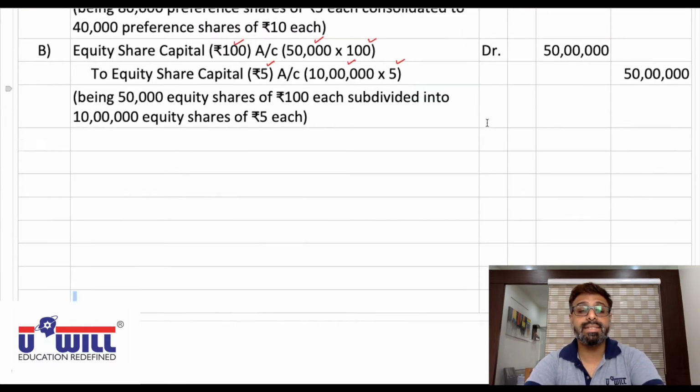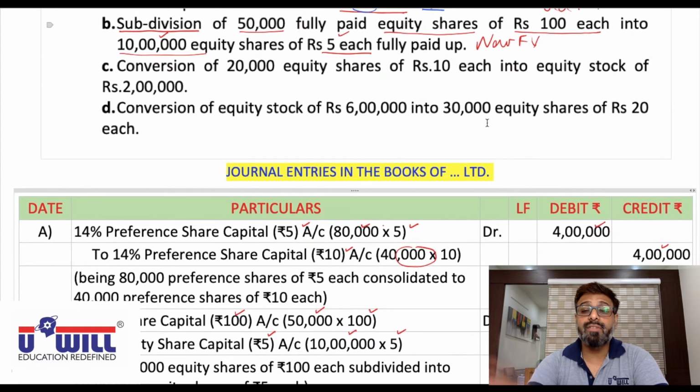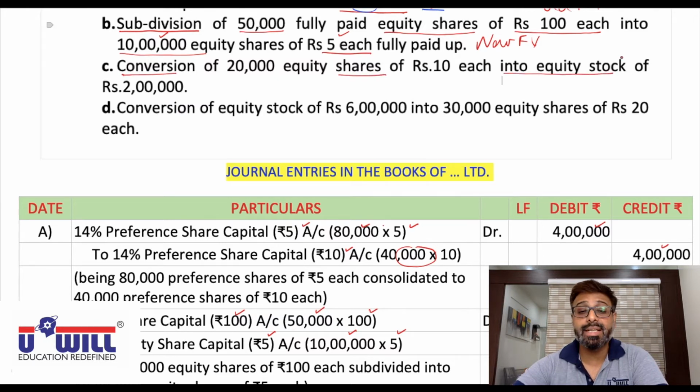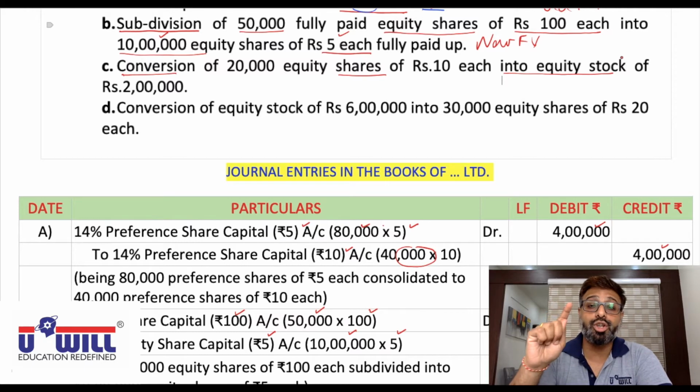Now, next, C entry. Conversion of 20,000 equity shares of rupees 10 each into equity stock of rupees 2 lakhs. Now here we are converting the equity shares into equity stock. This also we studied last time. What do you mean by stock?